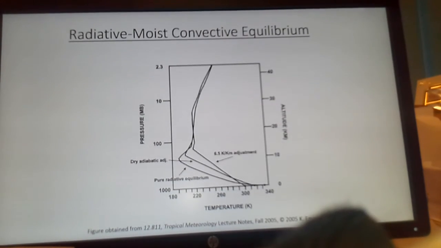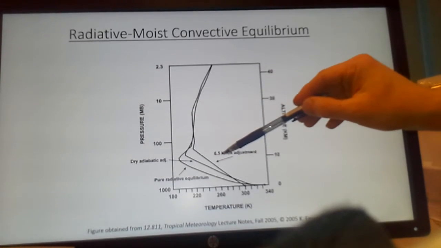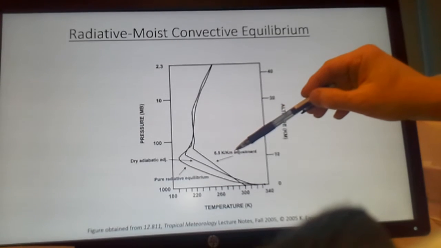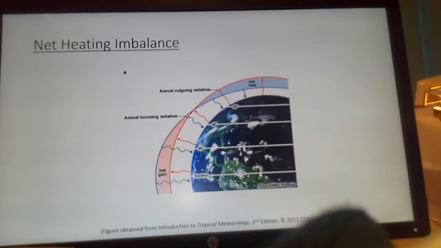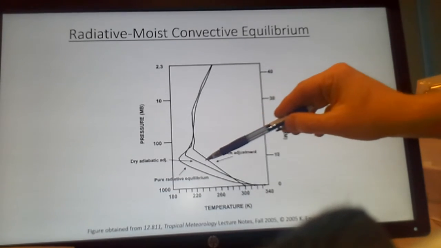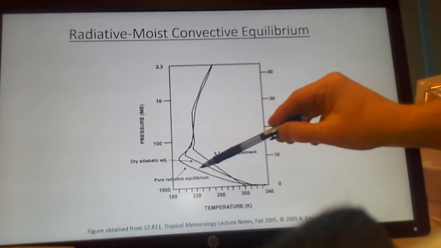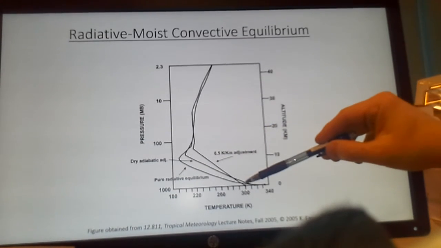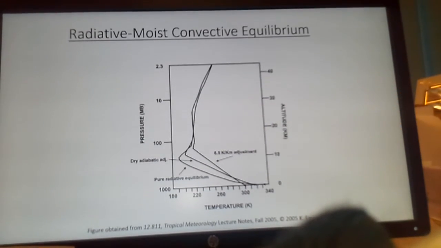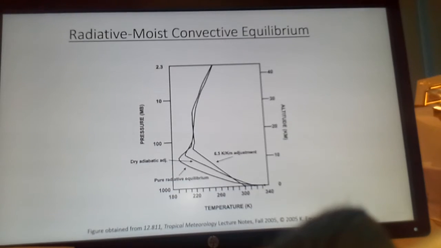And if we draw a third line showing the temperature profile with a lapse rate of 6.5 Kelvin per kilometer, which is close to reality in the troposphere, we see that this transport of heat contributes to a much warmer atmosphere at middle and upper tropospheric levels, while close to the surface the convection and transport of energy through moisture contributes to cooling down the atmosphere compared to the radiative equilibrium.